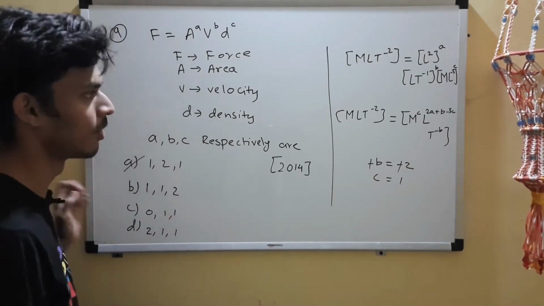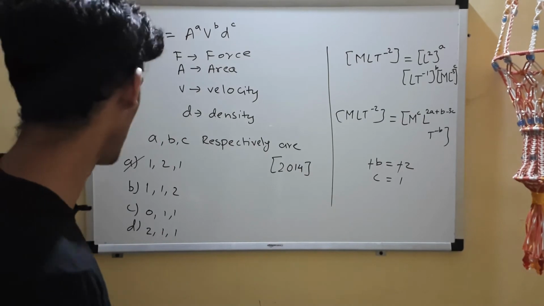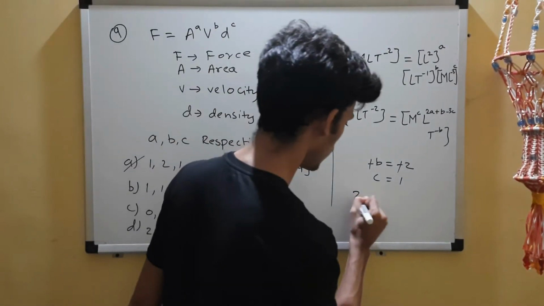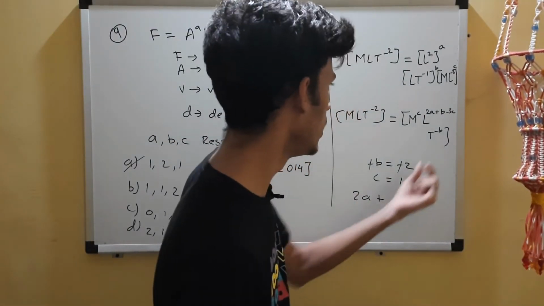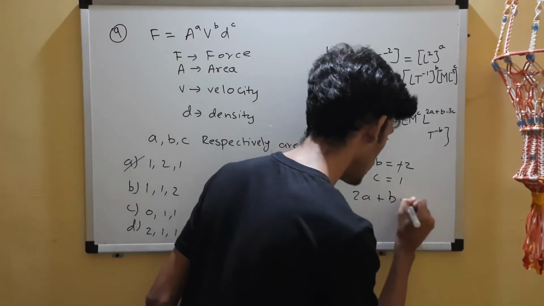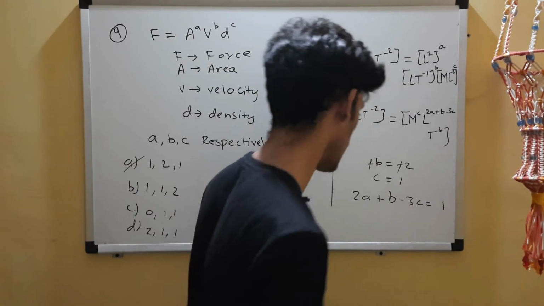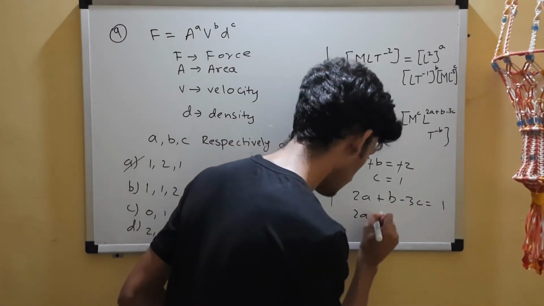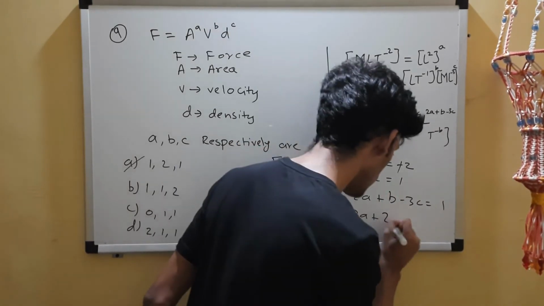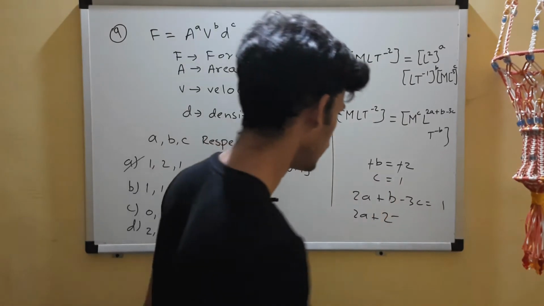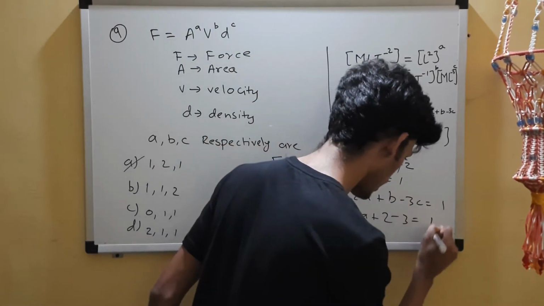You can also find the value of a, it will be 1. Let's verify that. 2a plus b minus 3c equals 1, equating the powers of L. b is 2, and 3c is 3, so 2a plus 2 minus 3 equals 1.